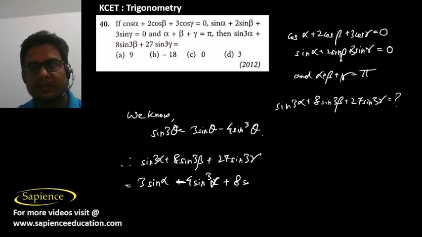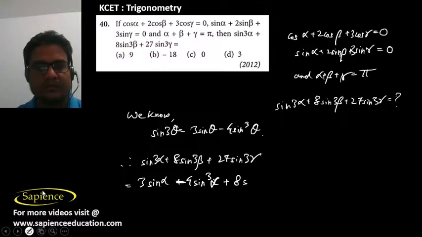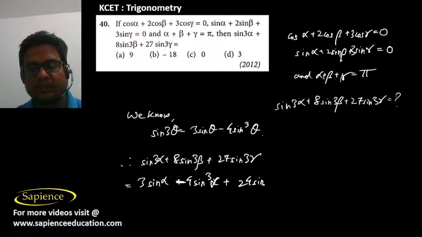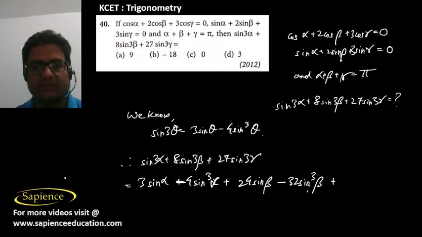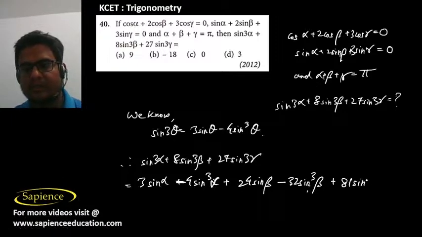and plus 8 into 3, that is 24 sine beta, minus 4 into 8, that is 32 sine cube beta, plus 27 into 3, that is 81 sine gamma, minus 4 into 27, that is 108 sine cube gamma.